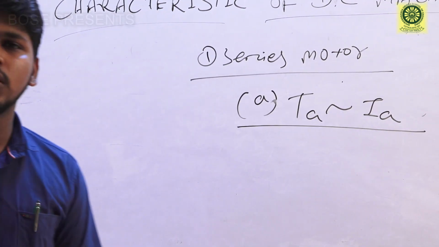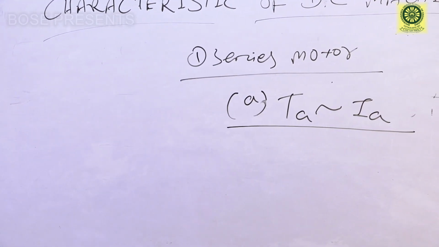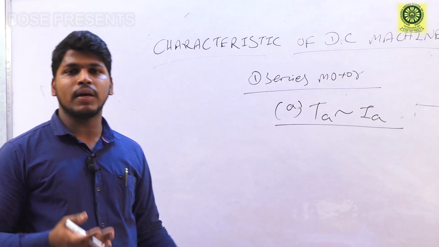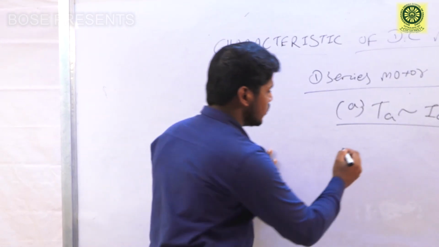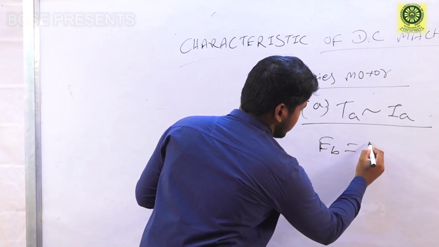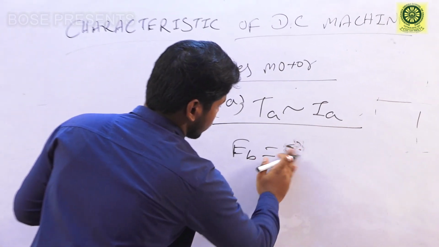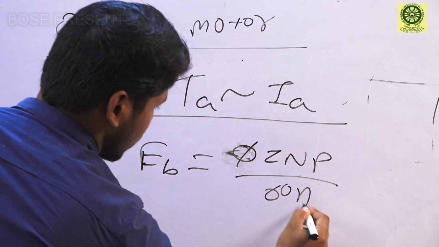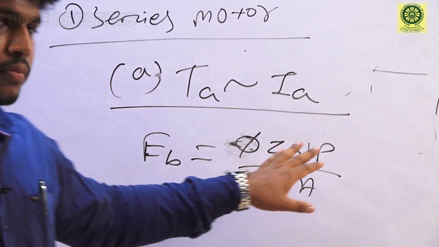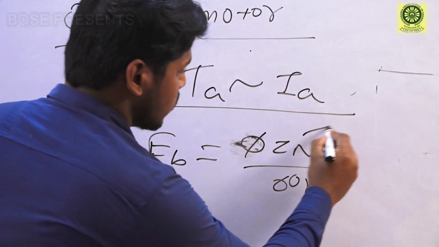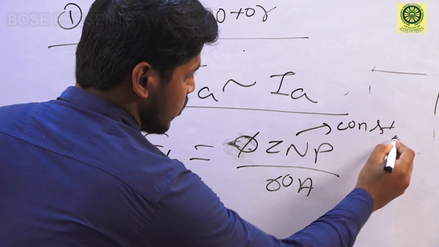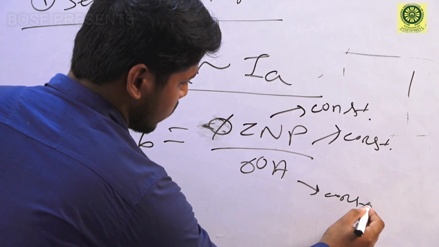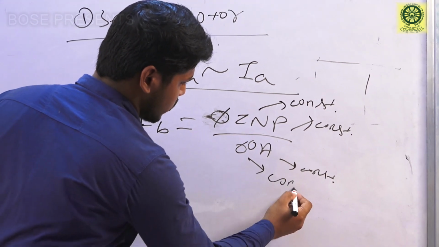In case of a DC machine, generator or motor, we know that in case of a generator it is the generated EMF, and in case of a motor, the back EMF. In case of a motor, the formula is Eb equals phi Z N P by 60A. For a particular machine, P, A, Z and 60 are constant.